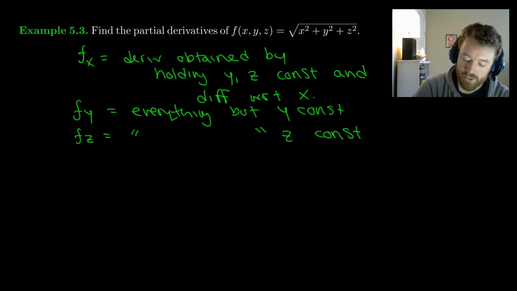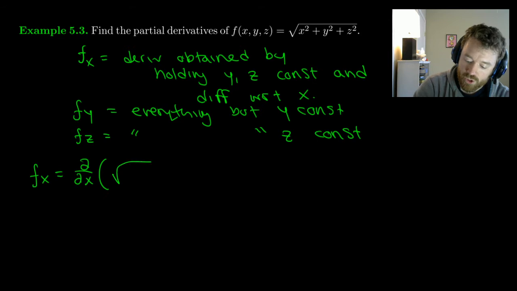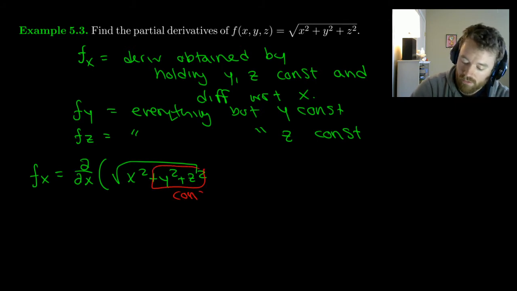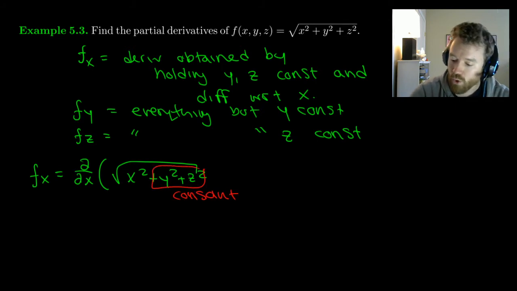Okay, so let's take a look at this. Fx will be del x of the square root of x squared plus y squared plus z squared. And remember, y and z are both constant right now. And so really I just have a chain rule problem here in one variable, since x is what I'm differentiating with respect to.